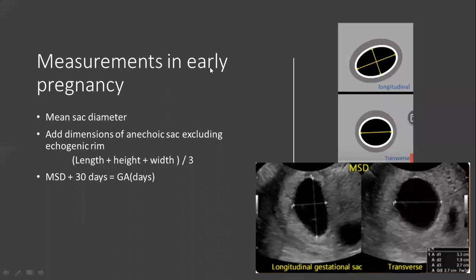Then let's move on to measurements in early pregnancy. Why this is important is that it plays a critical role in diagnosing early pregnancy failure, because we have to know the age of this pregnancy.